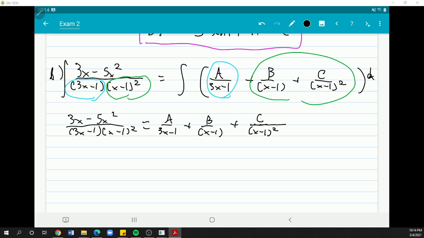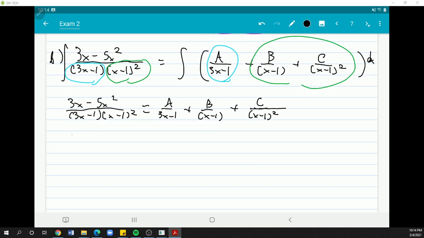And now you multiply both sides by the denominator. So when you multiply a fraction by its denominator, you just get the numerator. Here I'm multiplying 3x minus 1 times x minus 1 squared, all this stuff, times this. So the 3x minus 1 would cancel, and I'm left with a times x minus 1 squared.